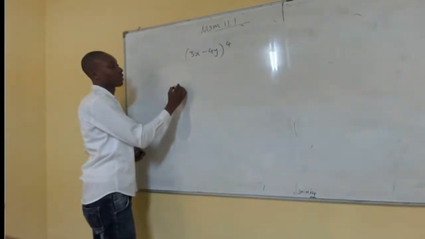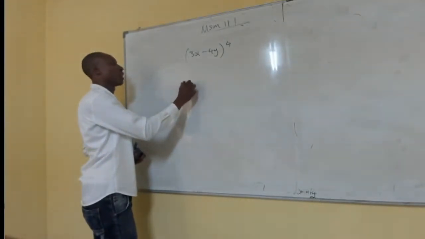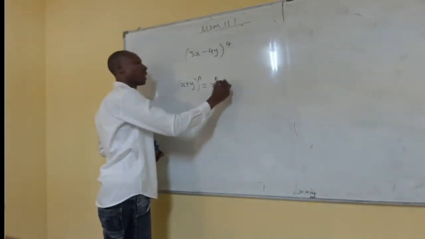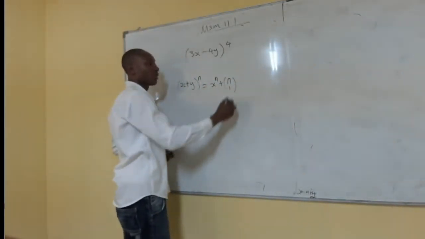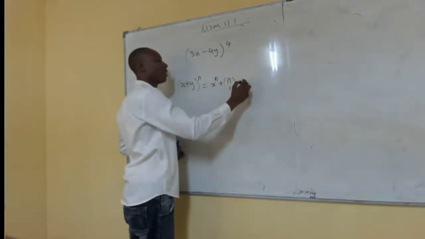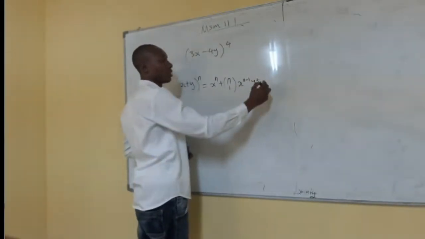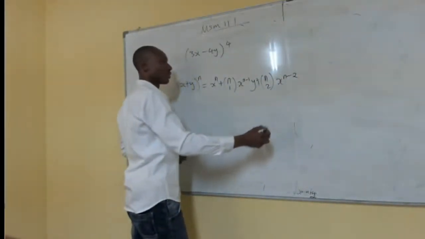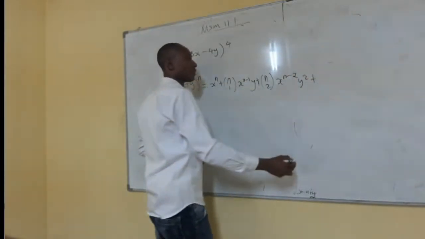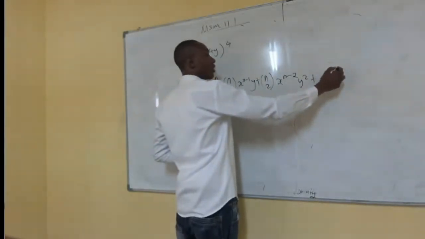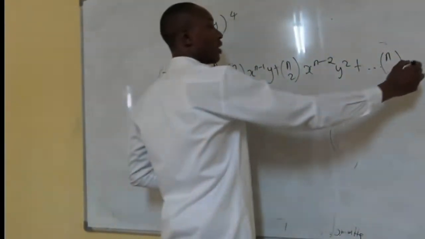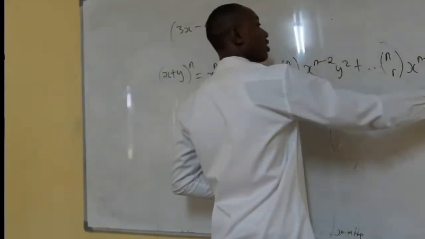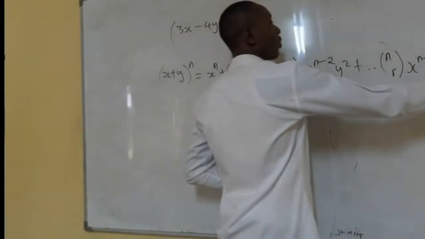So we're saying x plus y to the power n is equal to x to the power n plus n choose 1, x to the power n minus 1 y, plus n choose 2, x to the power n minus 2, y squared plus n choose r, x to the power n minus r, y to the power r, and it continues up to y to the power n.